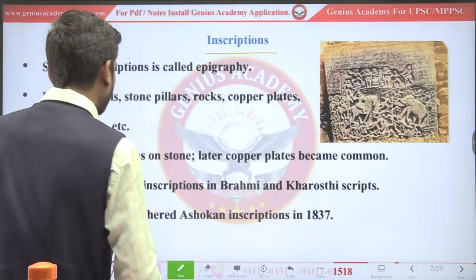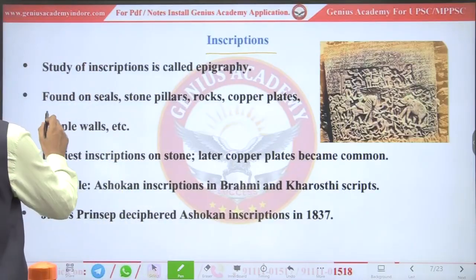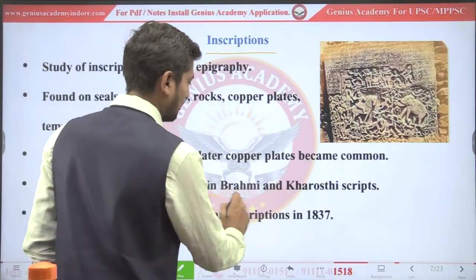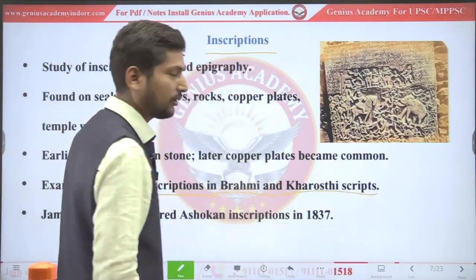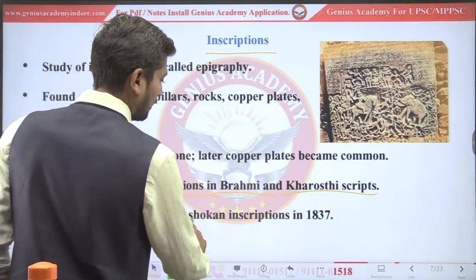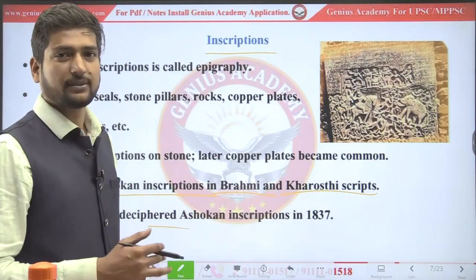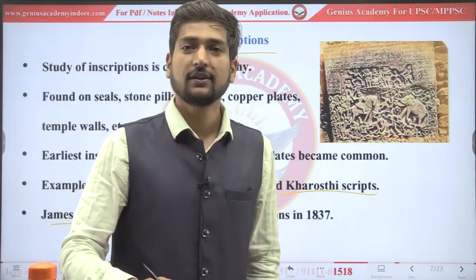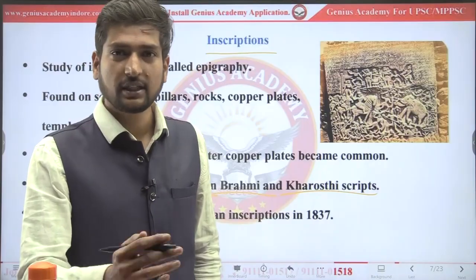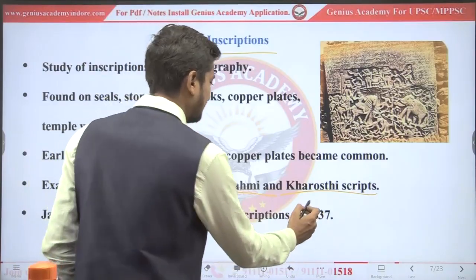And where were these used? Ashoka's inscriptions are written in Brahmi and Kharosthi script. James Prinsep is the first man who read the Ashokan inscription in 1837.